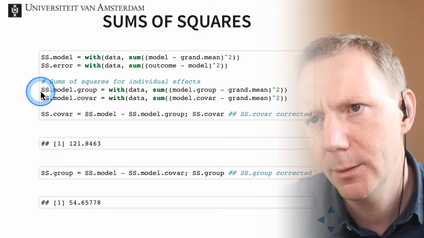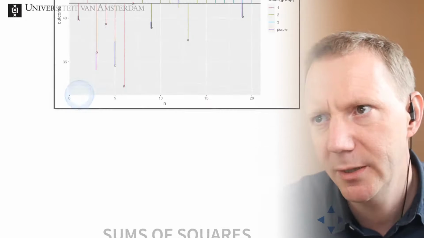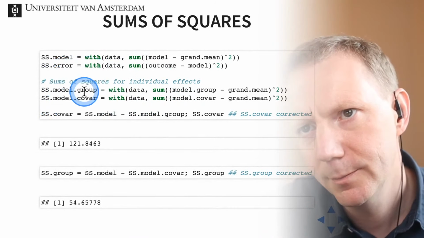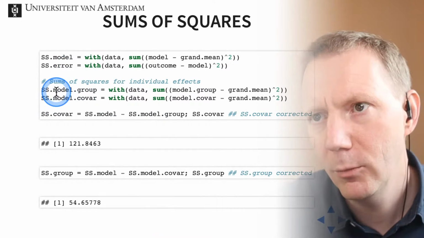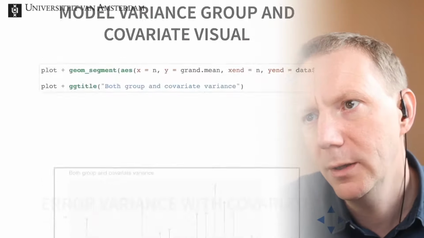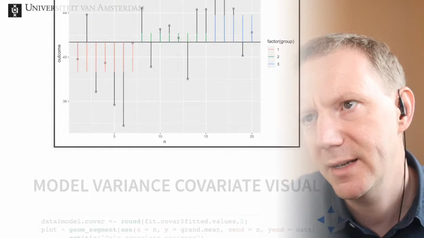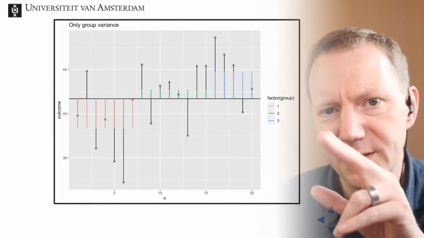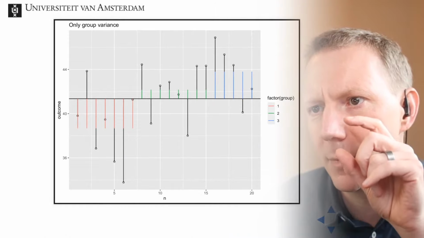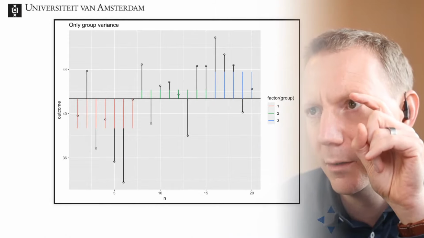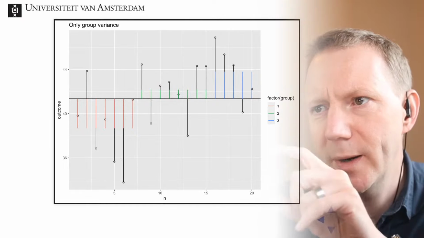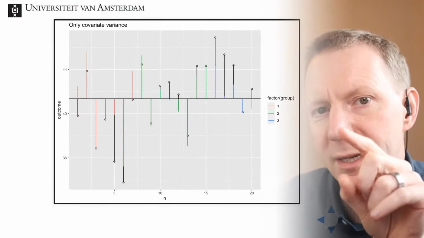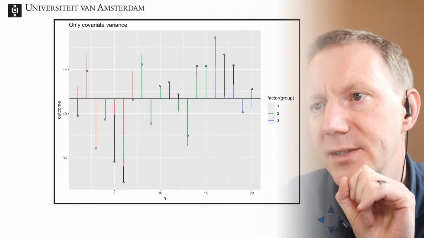So the sums of squares for the group, let me be explicit, is how much variance there is if we're only looking at the groups. So that is this one. All these distances here, all the vertical colored lines squared and added. And the second one is all these vertical lines squared and added.